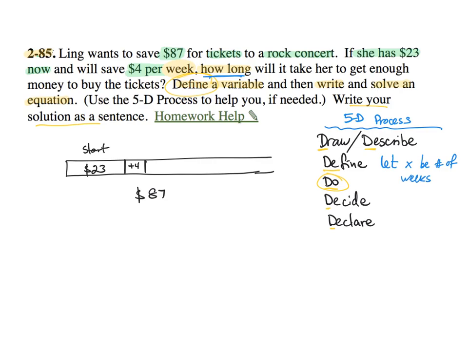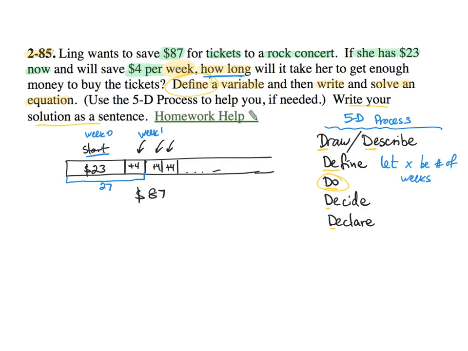Visually, I'm going to ask how many of these it will take. This is week 0, at the beginning. At week 1, she has 23 plus 4, which is $27. And remember, our goal is 87. So we could do a picture, a table, or an equation.